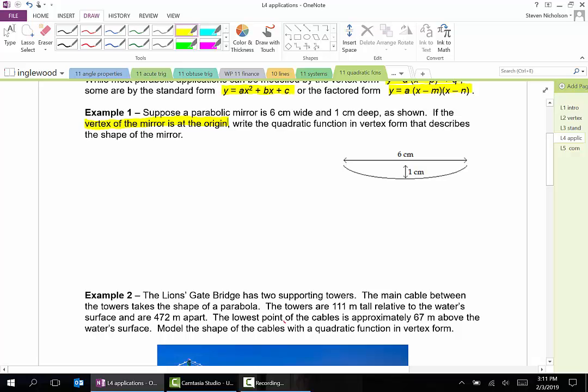If the vertex of the mirror is at the origin, what we could simply do is sketch our XY grid onto our question. And here's our vertex right here, and given the story, here's our (3, 1), and here's our (-3, 1).